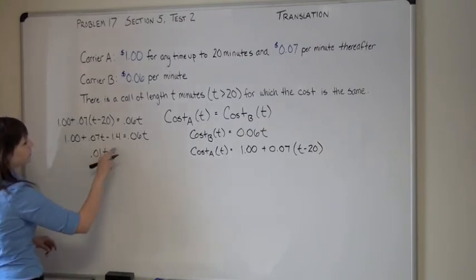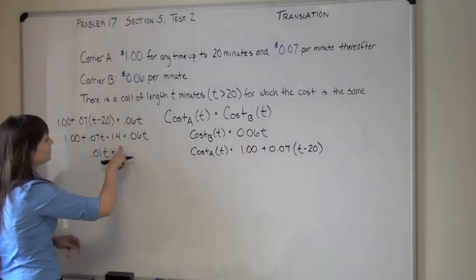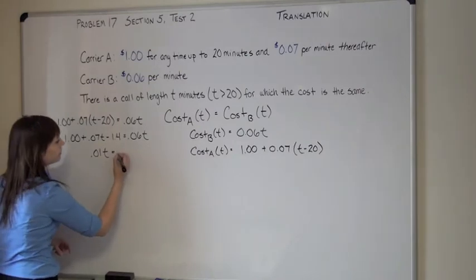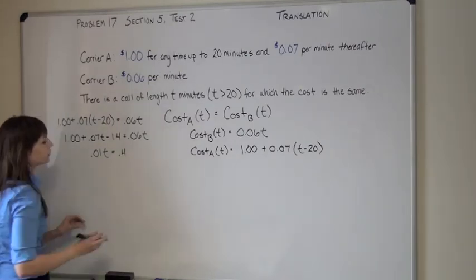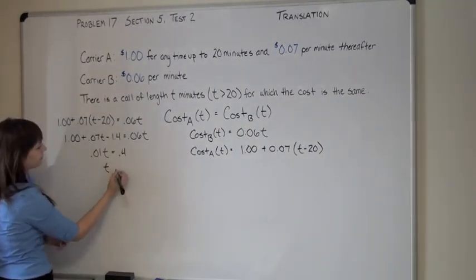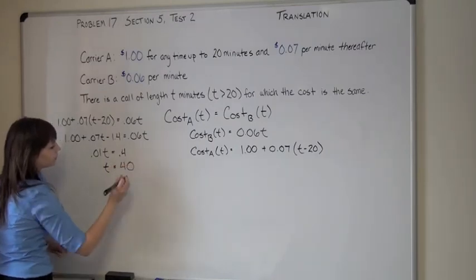And now I want to get the numbers over here. So I have $1 minus 1.4, so that'll be negative 0.4. I'll add it to both sides to bring it over here, and I'll get 0.4. To solve for t, I'll just divide both sides by 0.01 and get t equals 40.